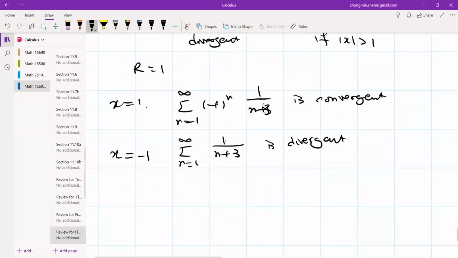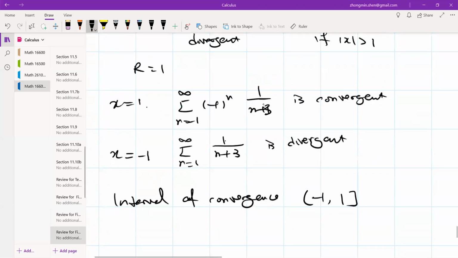So the interval of convergence is going to be from -1 to +1, and including the positive.